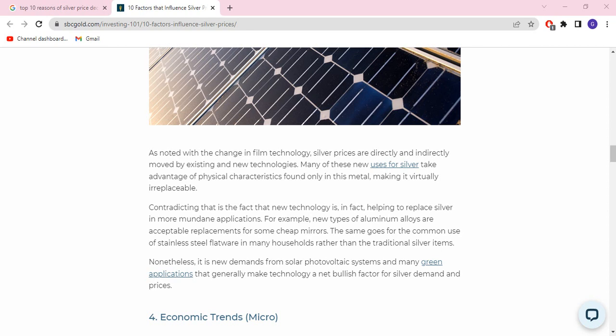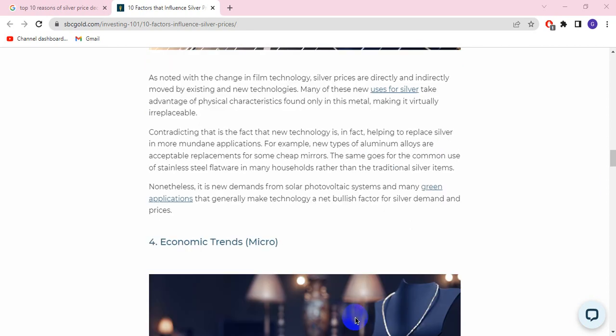The same goes for common use of stainless steel flatware in many households rather than the traditional silver items. Nonetheless, it is the demand from solar photovoltaic systems and many green applications that generally makes technology a net bullish factor for silver demand and prices.